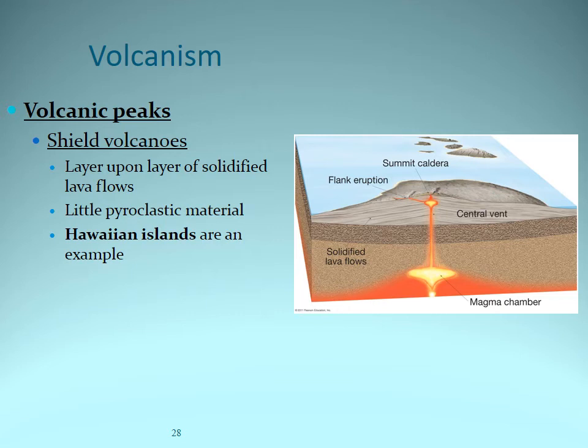And so that doesn't really create much of that cone structure that you might see in many volcanoes. You have very little pyroclastic material, which I'll talk about a little bit later. And it's not that dangerous because it is so fluid that it just spews out at a relatively nice rate.